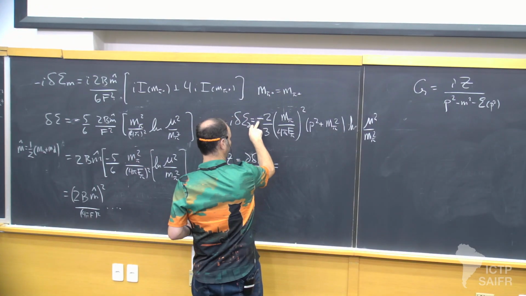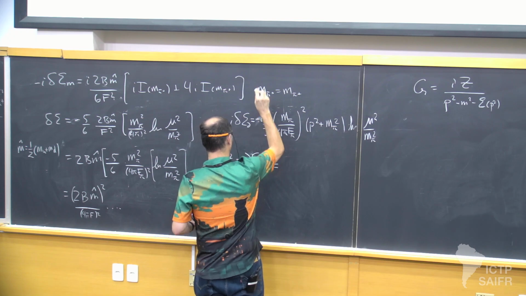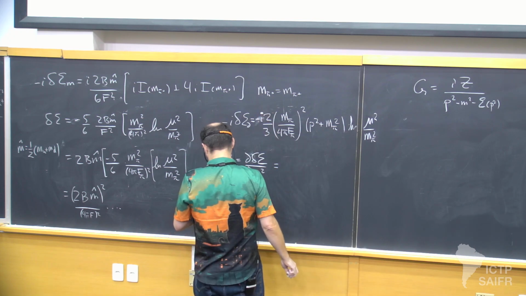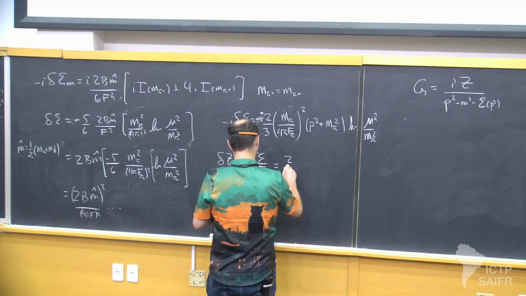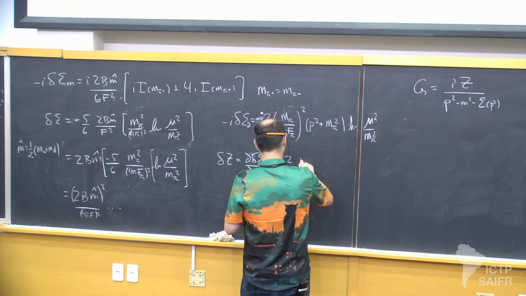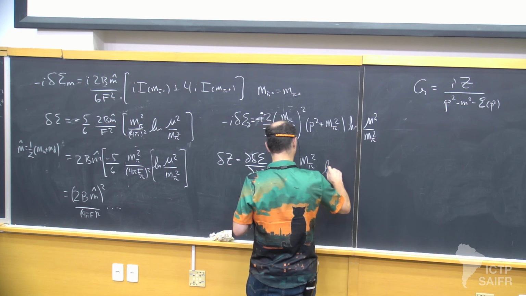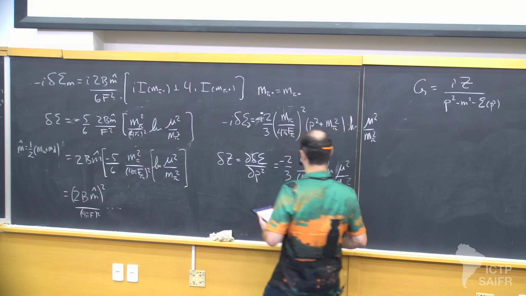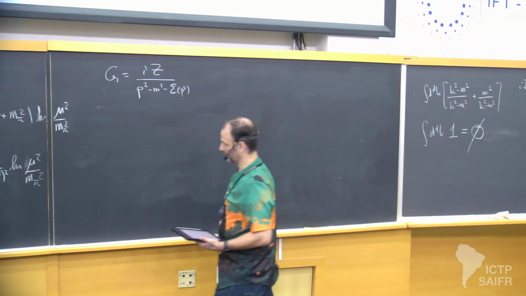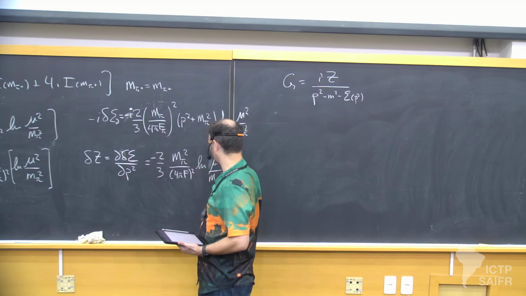This minus sign and this minus sign cancel, and I must be missing a factor of i. So this is my wave function renormalization, the derivative of the self-energy with respect to the external momentum p squared.